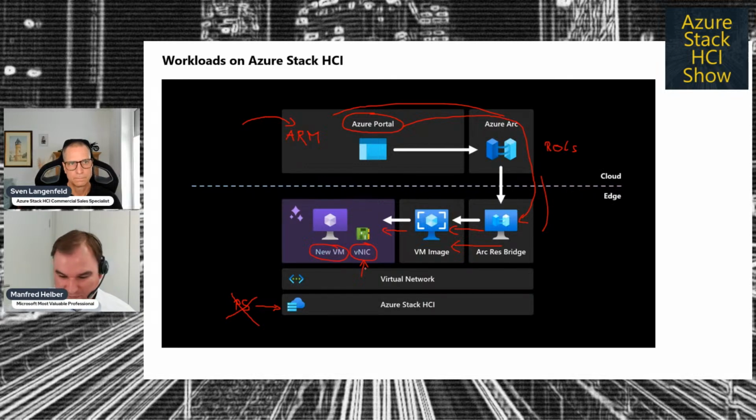So the main recommendation here is ensure that you use the Azure portal for new workloads, or that you use tools that trigger the Azure portal. So the recommendation is not to use System Center Virtual Machine Manager for Azure Stack HCI 23H2. It's my recommendation. I don't know if there's any recommendation officially out from the product group, but the product group always says, we don't explain what you should not do.